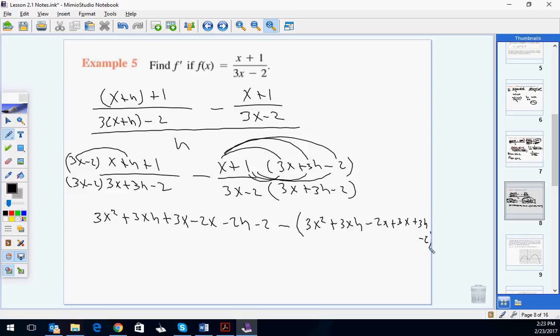I'm only doing the tops right now. I don't need to keep writing h on the bottom, so I'm only doing the top right now. What happens to the a's? Is x equal to a?